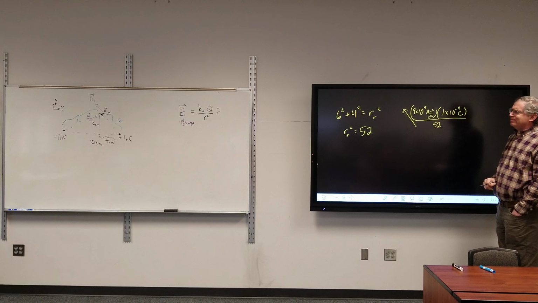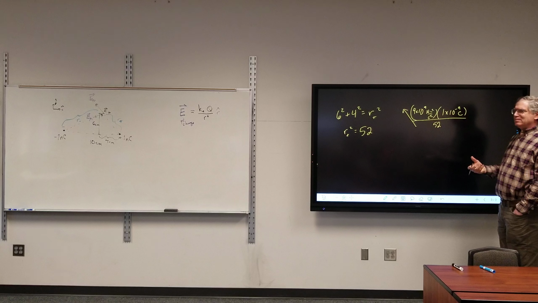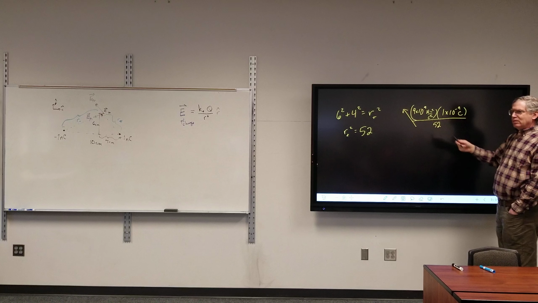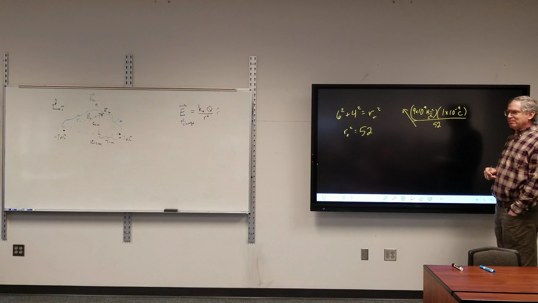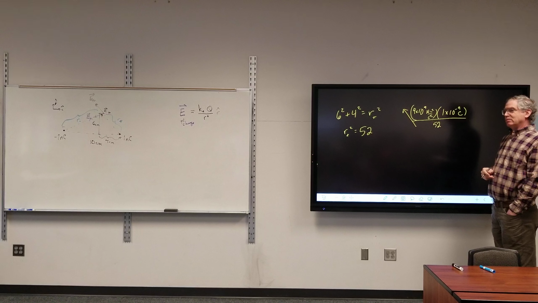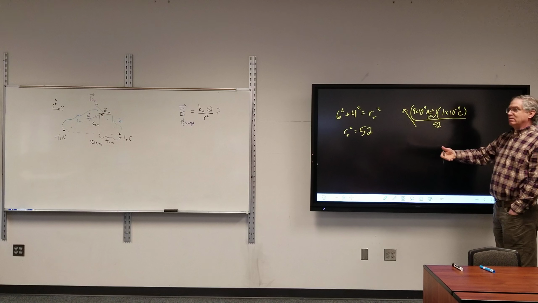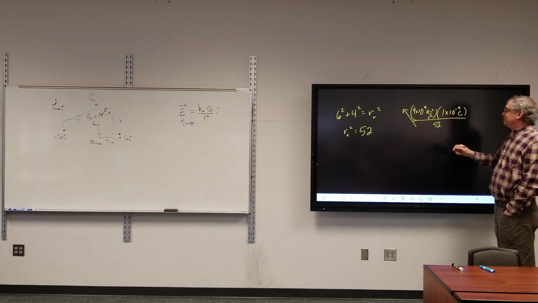Units? Centimeters? Oh, I thought you were saying for the whole thing. Yeah, no, for the 52. You stopped at centimeters, so I did the hand gesture of going square.